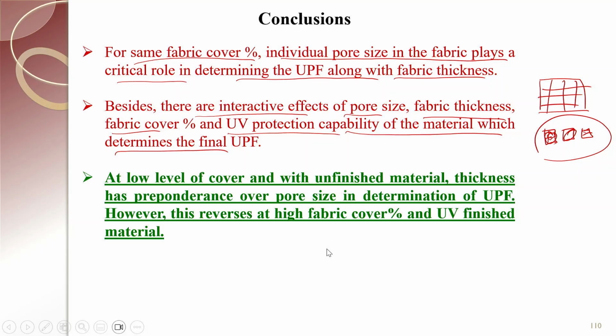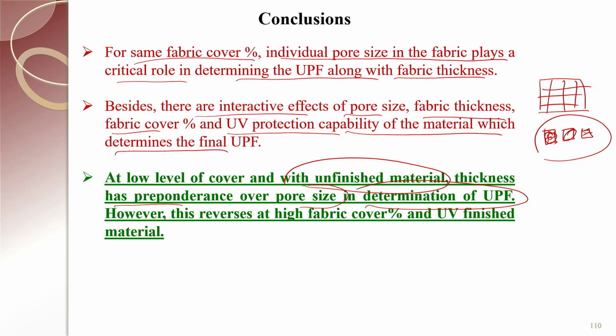So, at a low level of cover with unfinished material, thickness has a prominent effect over pore size in determining the UPF. So, at low cover, if we reduce the thickness, then the UPF will reduce consistently.